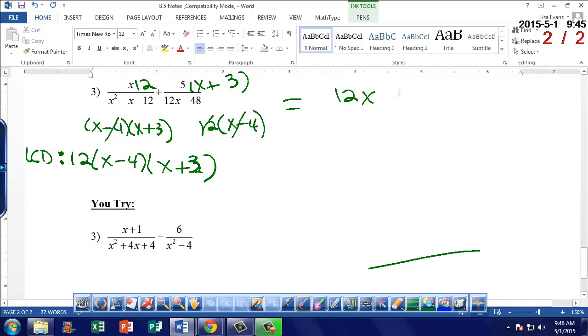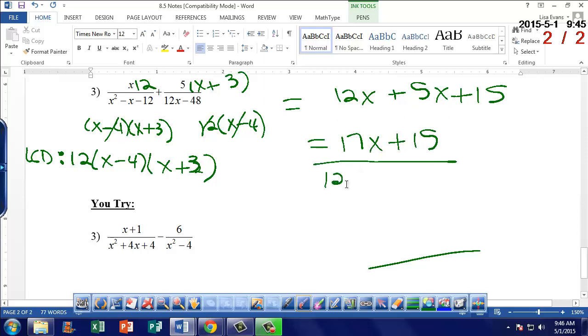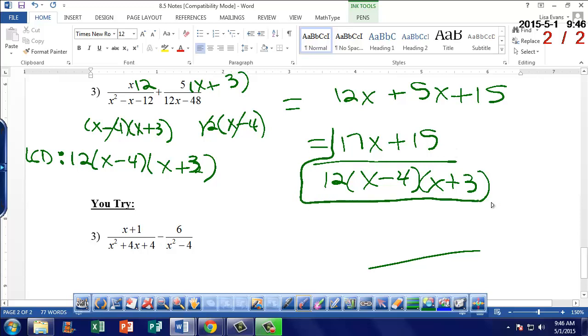Here I get 5 times x plus 3 is 5x plus 15. And then sometimes I'll simplify it, so I get 17x plus 15, and then I'll go ahead and write my denominator. And again, you want to check to see if you can simplify this numerator at all, see if anything can be factored, which it can't. So I have to leave my answer like this.